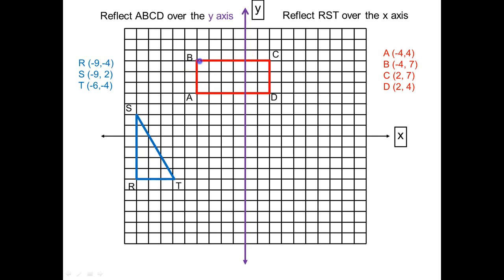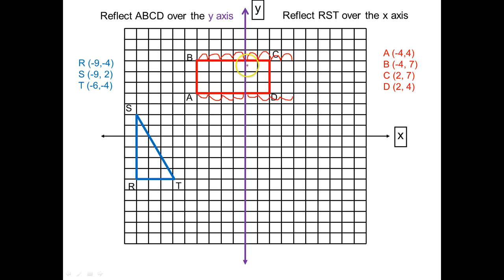So my B is 1, 2, 3, 4 from the line of reflection. So it needs to be 4 in the other direction. My A is also 4 from the line of reflection. So my new A needs to be 4 from the line of reflection.